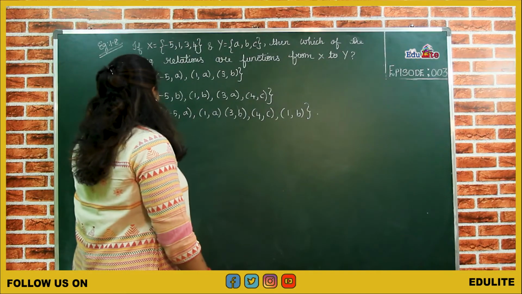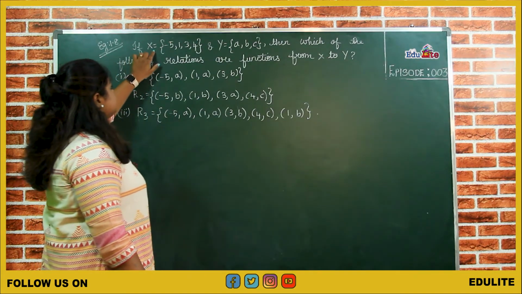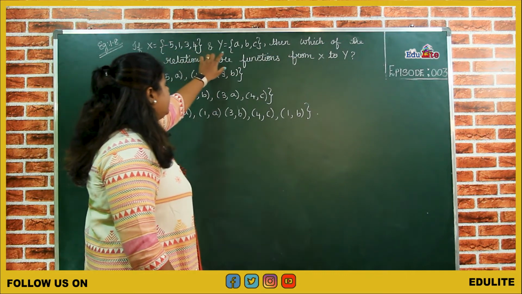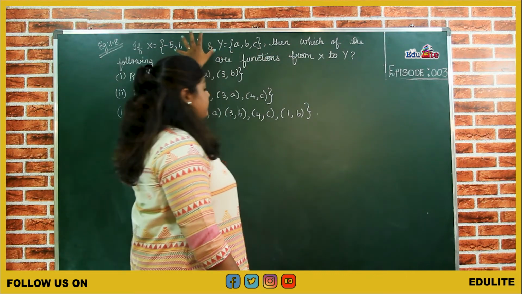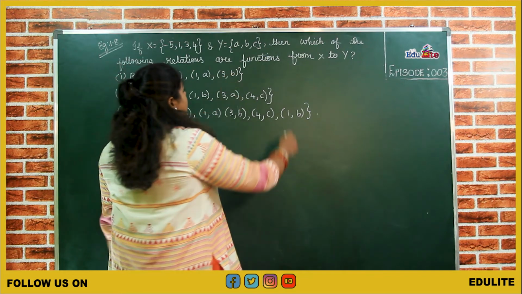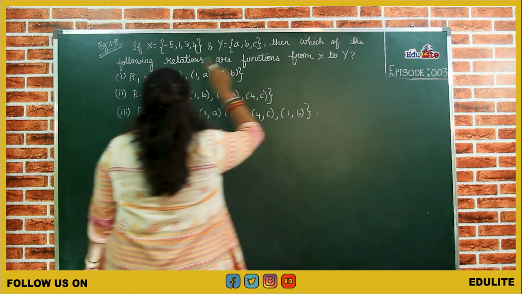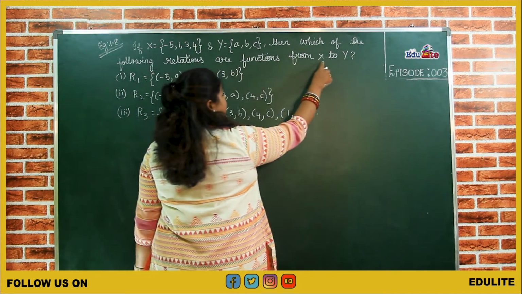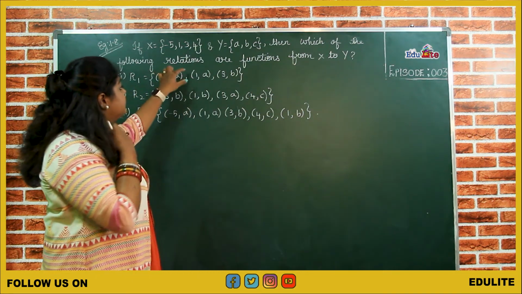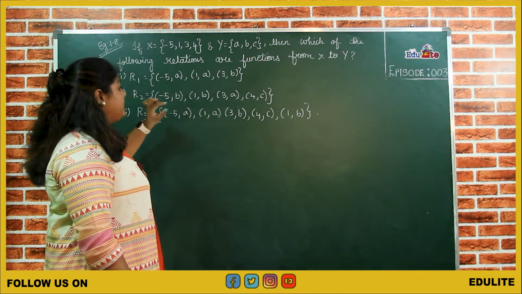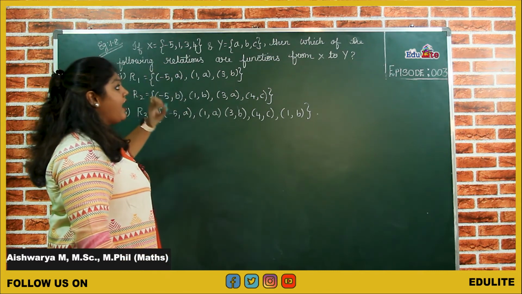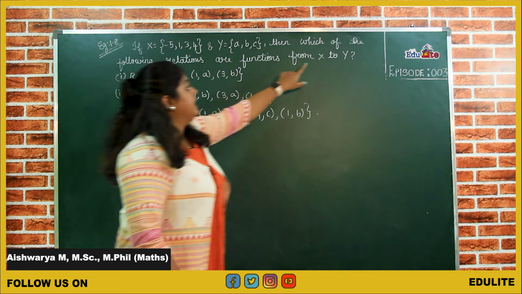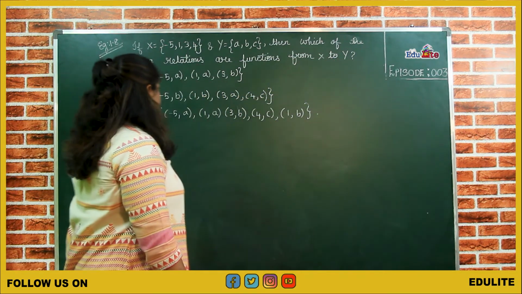Next is example 1.8. If X is equal to minus 5, 1, 3, 4 and Y equals a, b, c, the sets X and Y are given, then which of the following relations are functions from X to Y? So, we are given three relations and we have to check whether these three are functions from X to Y. We will do it one by one.